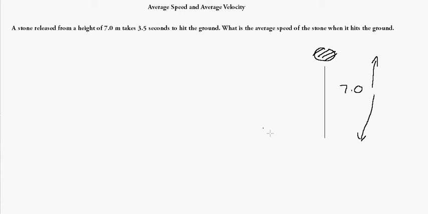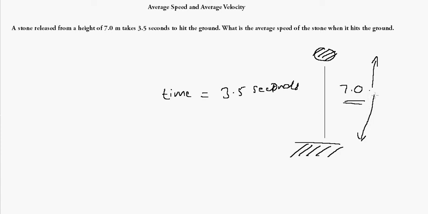That is height 7.0 meters, and it hits the ground in 3.5 seconds. That is the time the stone takes to reach the ground. So we need to calculate the average speed when this stone falls to the ground after traveling 7.0 meters.